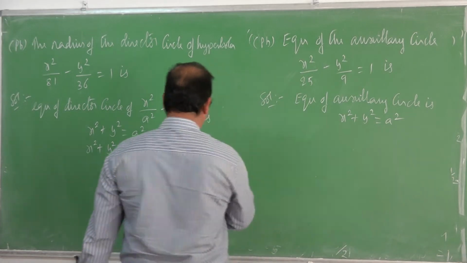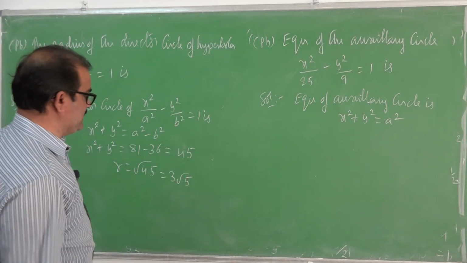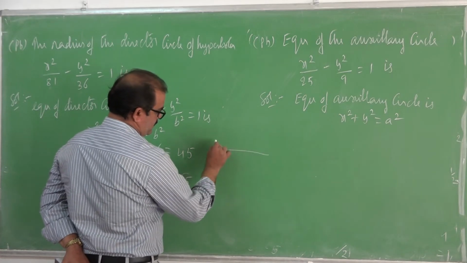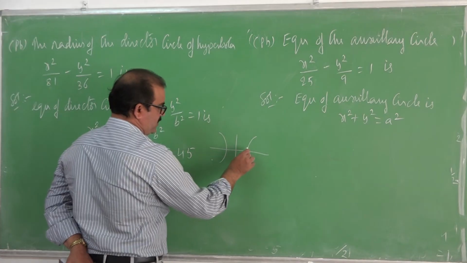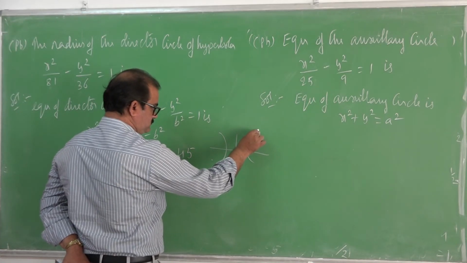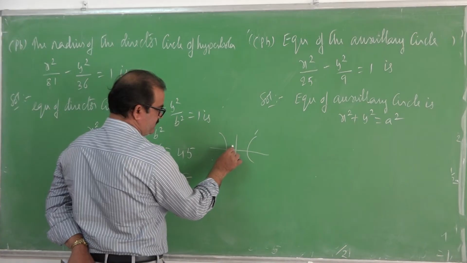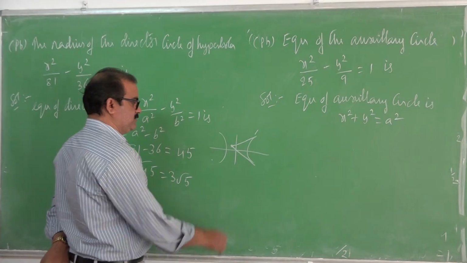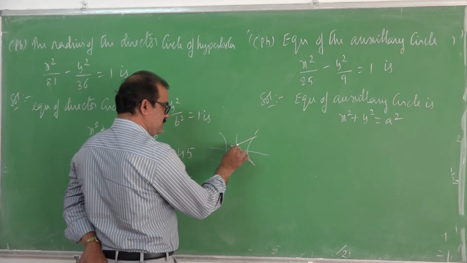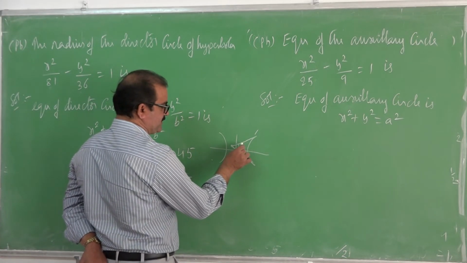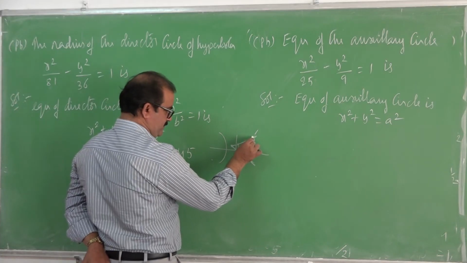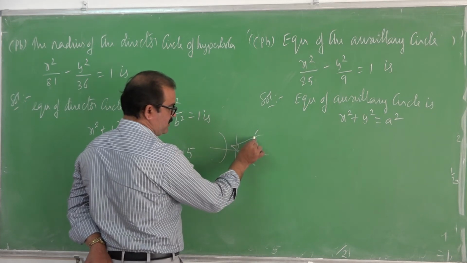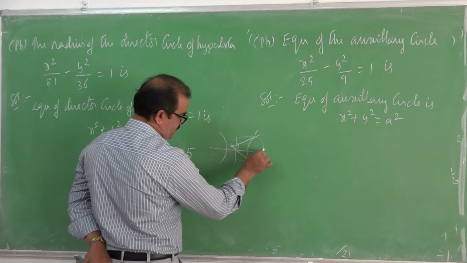First we learn what is meant by director circle and what is meant by auxiliary circle. You take any curve, let the curve be a hyperbola. From an external point, how many tangents are drawn to this hyperbola? 2 tangents are drawn. If the angle between these 2 tangents is 90 degrees, then the locus of the point of intersection of these tangents is a circle.